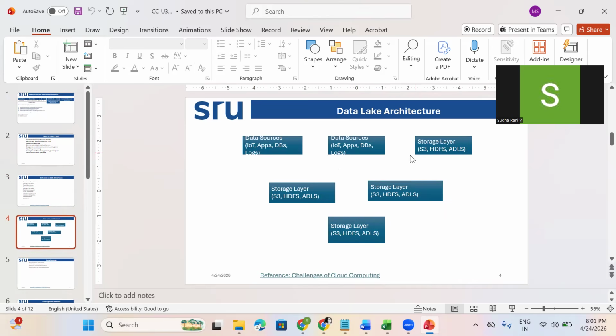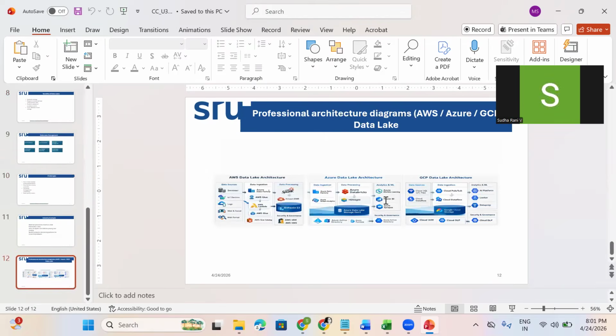And the storage layer has S3, HDFS, Hadoop, and ADLS. These are the different types of data sources as well as the storage layers. So data lake architecture is built from different data sources as well as the storage layers.